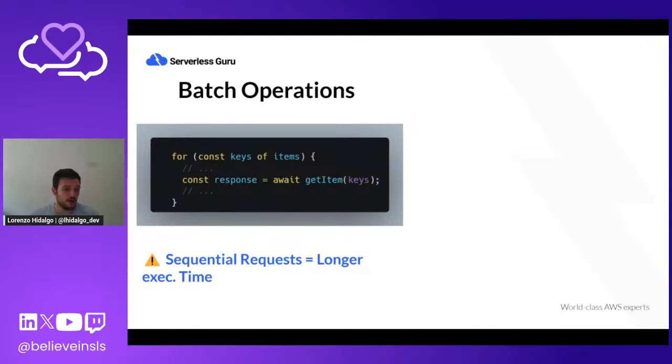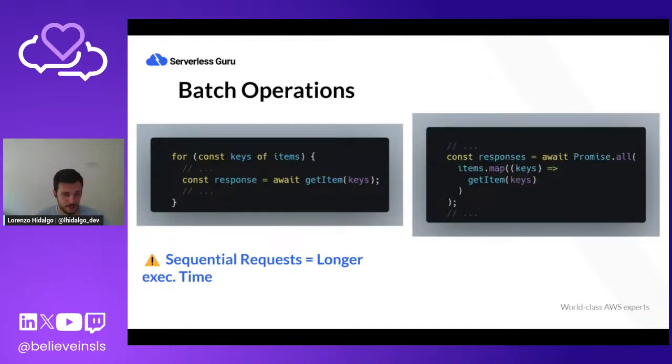Okay, we want to change this, and we mentioned sequential requests are bad. Let's do them in parallel. So you could see a Promise.all with an items.map to get all the different items that you have. This will work really well if you have 10 items.